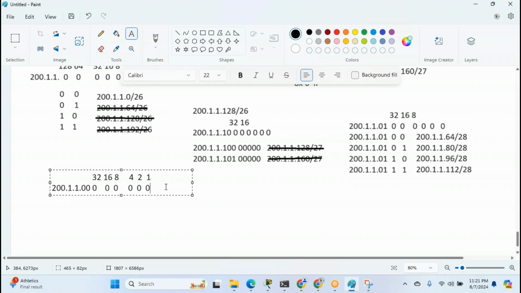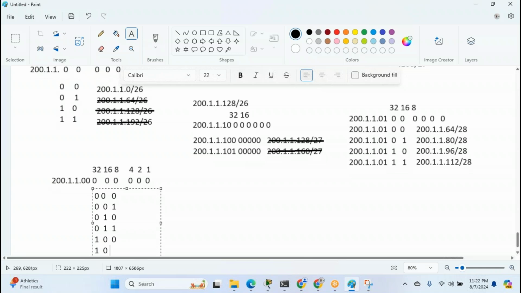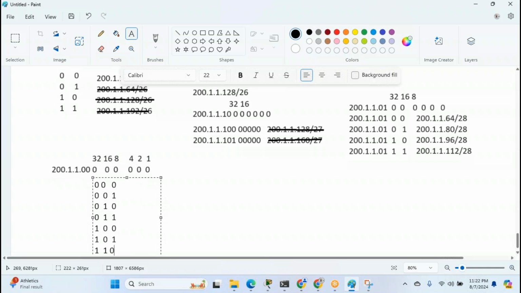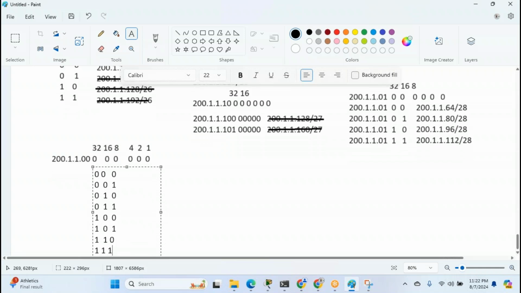Those bits are 32, 16 and 8. If I write down the combinations, there are 8 possible combinations, from 0, 0, 0 up to 1, 1, 1.